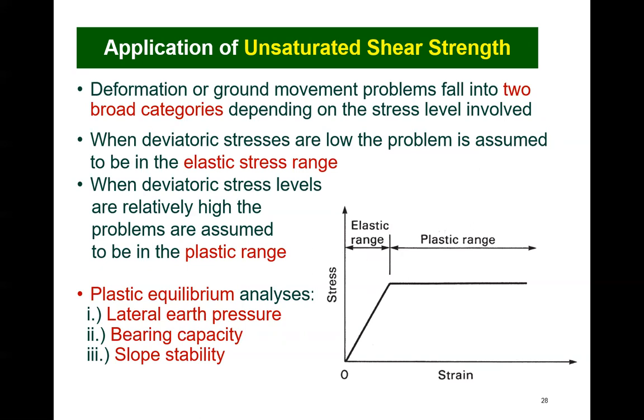There are three common shear strength analyses that are referred to as plastic equilibrium analyses. Namely, first, lateral earth pressure analyses. Second, bearing capacity analysis. And third, slope stability analyses.